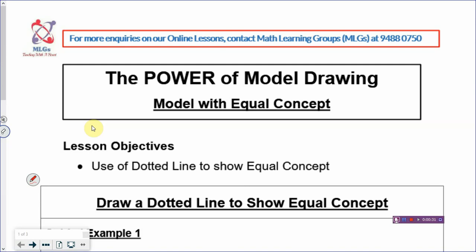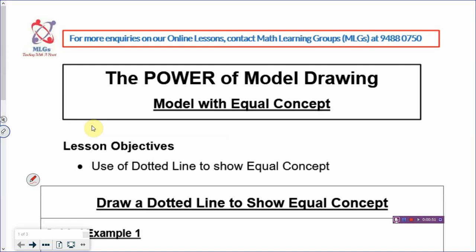Neither should you just follow your teacher's model, which is good because your school teacher will show you how to draw the model. But at the end of it all, it is about you drawing out your own model, because how I draw and how you draw is definitely different, but we can still use our own models to solve the problem. That is the whole idea of model drawing.